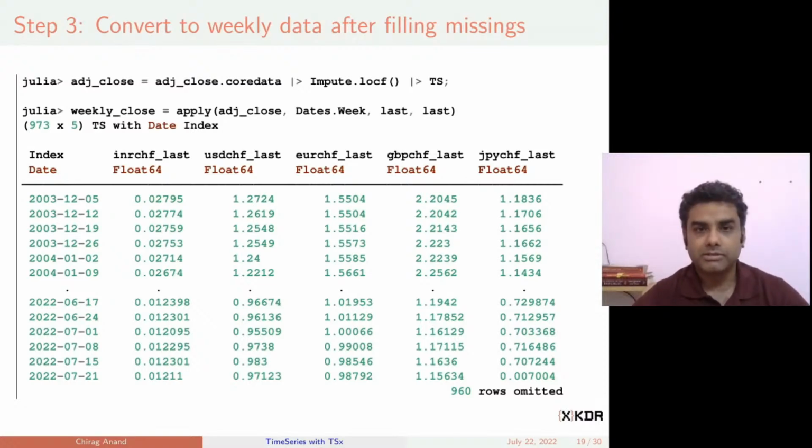This is again a simple operation of using the core data, the data frame of the TS object, and putting it into impute.locf and then converting it back into a TS object. Once we have the missing values filled, we use apply again, like we did in the previous problem, to convert this into weekly data and take the last observation.